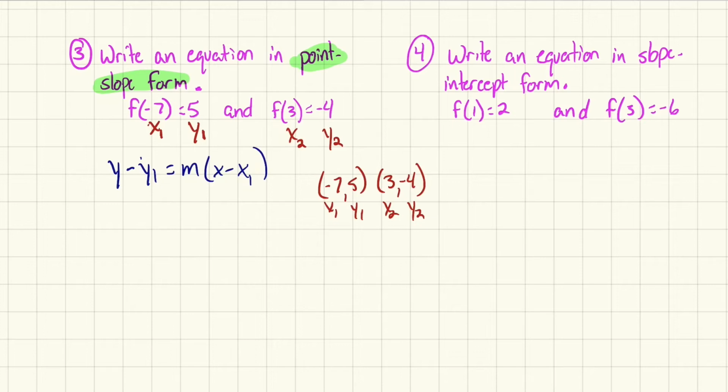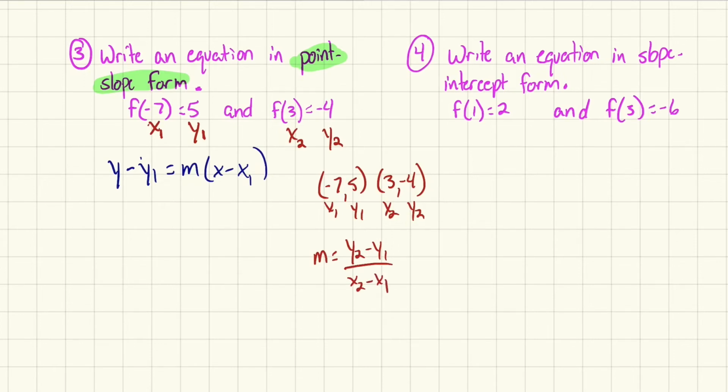But they didn't give us a slope. So I guess that means we're going to have to calculate slope on our own. So to calculate slope, we go back to our slope formula, which is y2 minus y1 over x2 minus x1.